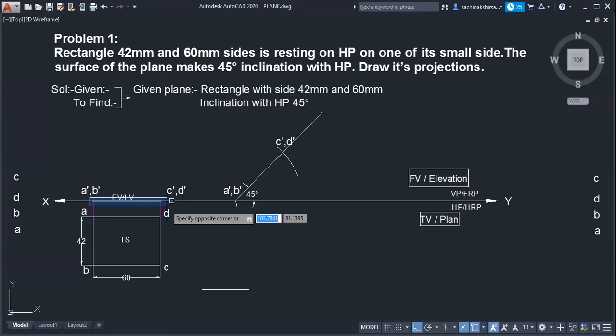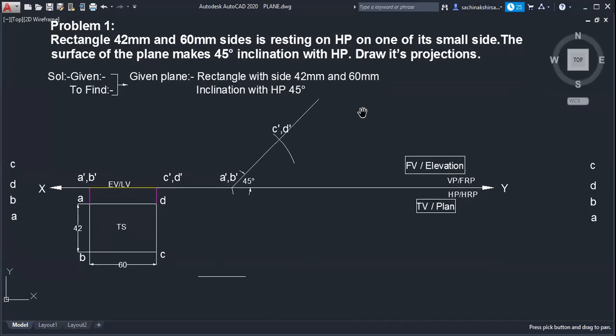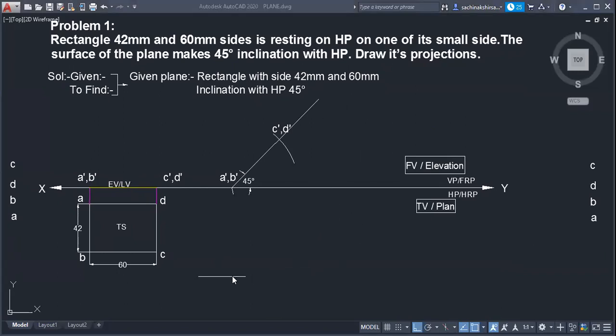That distance you have to take and you have to mark. Over. Yes, sir. Now, next step.